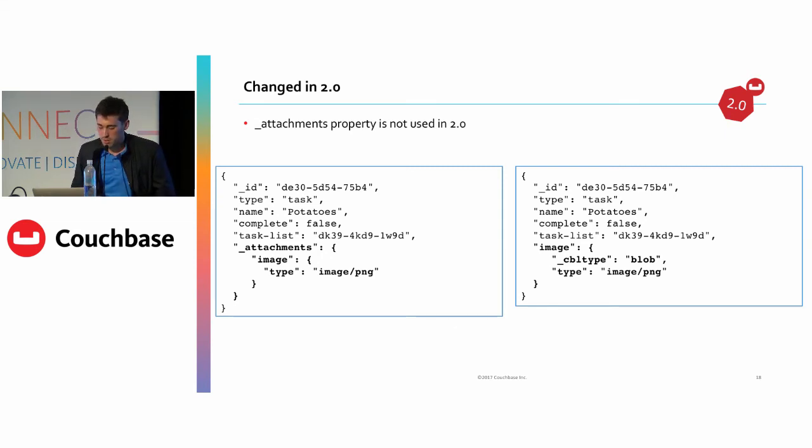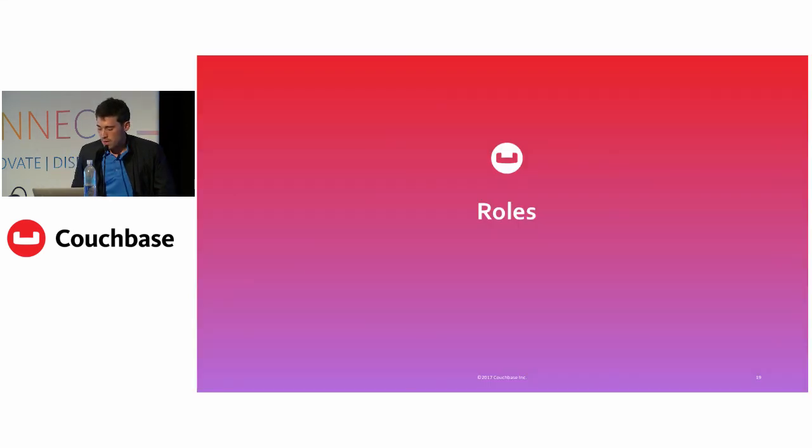Okay, so yeah, attachments in terms of data model are straightforward. You don't really have to do much, but it's good to include them in your spec for everyone to know. Then the last feature I wanted to show is the roles. So that's not so much related to data model, but it's good to know about it.